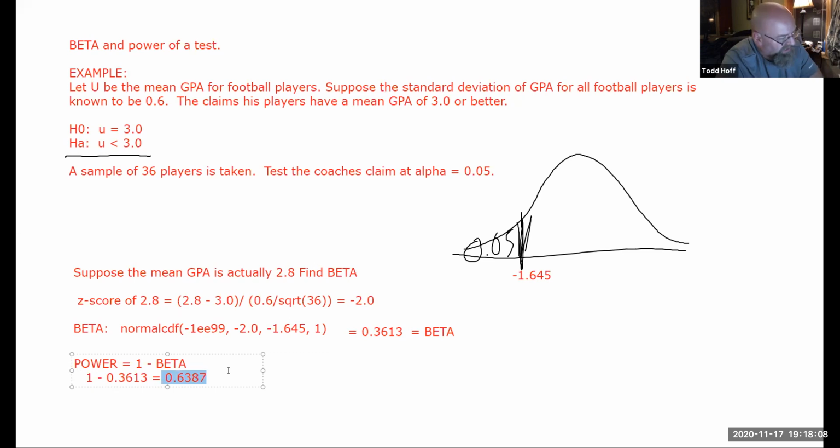That is the chance that we will reject the null hypothesis if it's incorrect, based on the information we have. Hopefully that clears up some of the questions on that from last week.